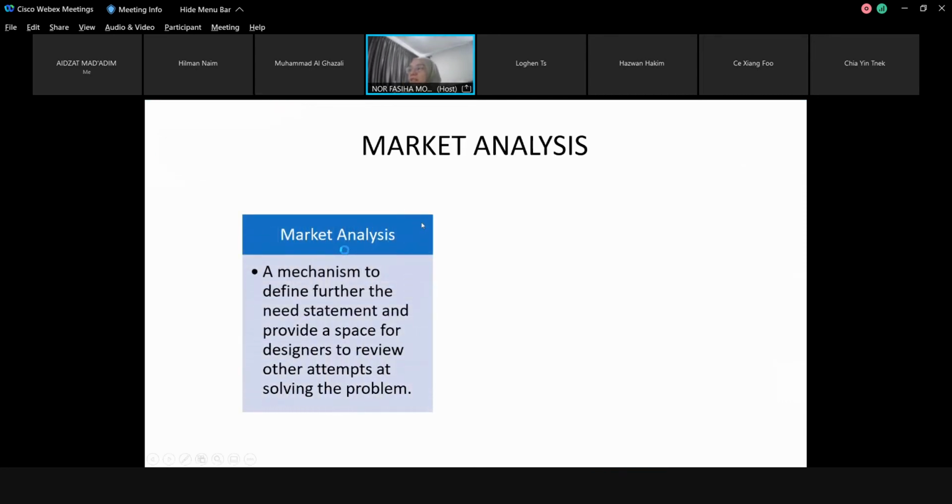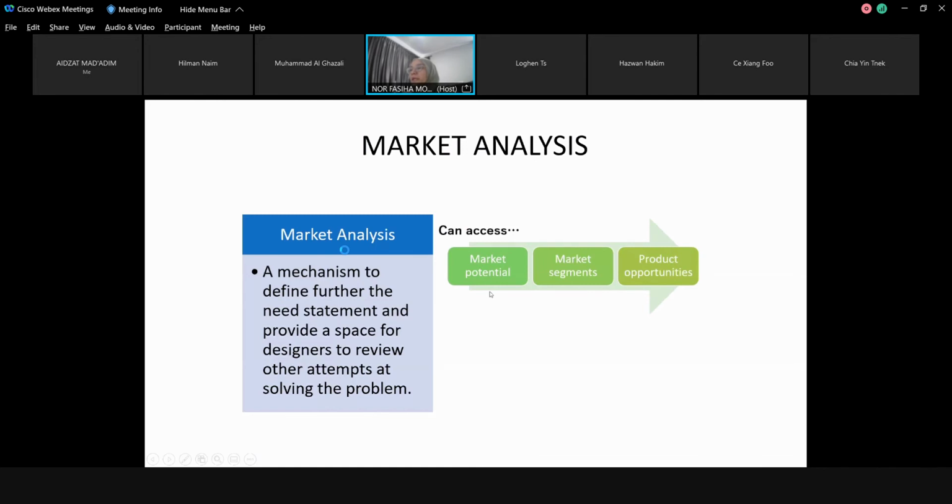So what is market analysis? It is a mechanism to define further the need statement and provide a space for designers to review other attempts at solving the problem. So as you can see here, define further the need statement, and review other attempts to solve similar problems.